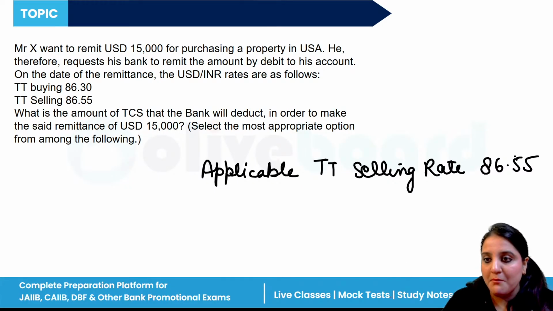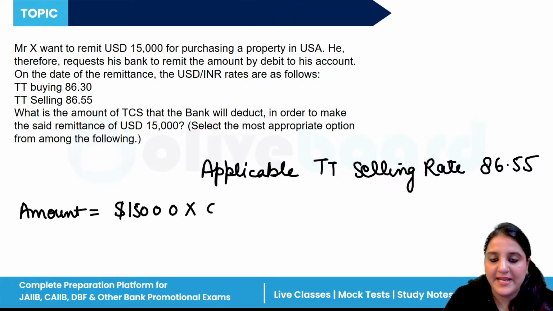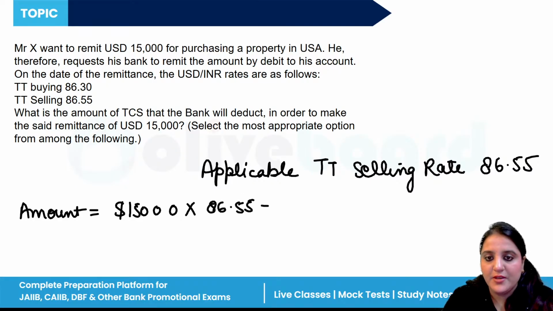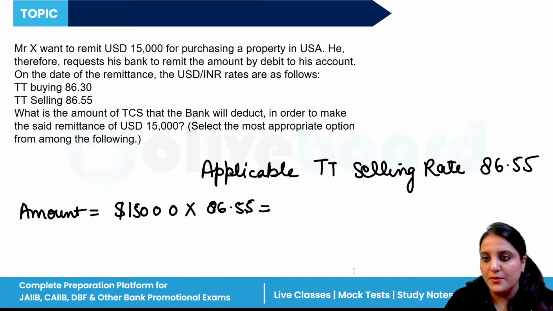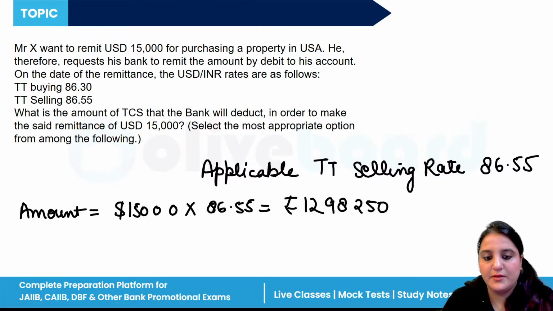And the amount will be US dollar 15,000 multiplied by 86.55, which equals rupees 12,98,250, right?